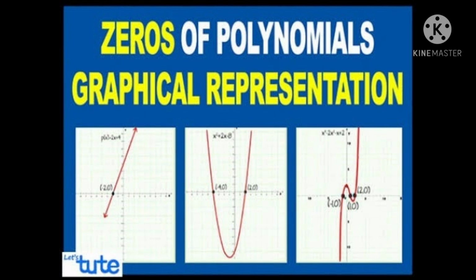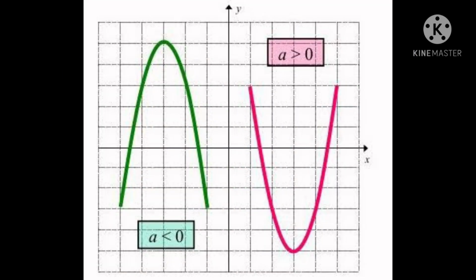Cubic, in which the degree is 3. If we draw a graph of a linear polynomial, we get a straight line. If we draw a graph of a quadratic polynomial, we get a parabola as shown in figure 2. The graph of a cubic polynomial gives a curve like this.